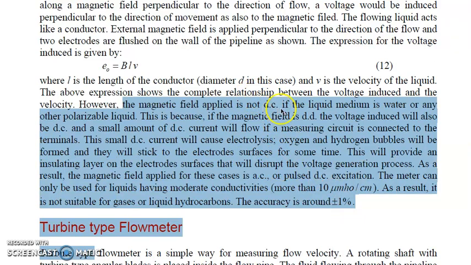If the liquid medium is water or any other polarizable liquid, then DC voltage can induce the magnetic field in DC form, and a small amount of DC current will flow if a measuring circuit is connected to the terminals.